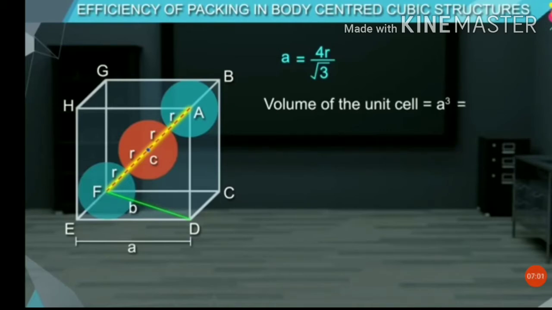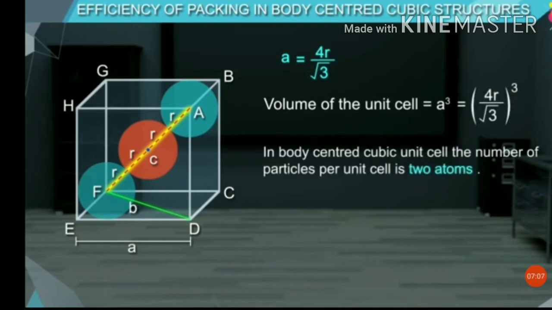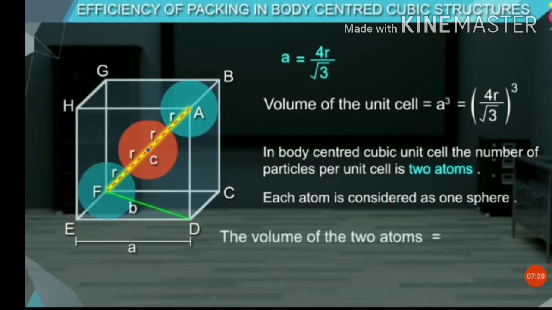Then the volume of unit cell is equal to a cube, which is equal to 4r by square root of 3 the whole cube. In body-centered cubic unit cell, the number of particles per unit cell is 2 atoms. Here, each atom is considered as one sphere.